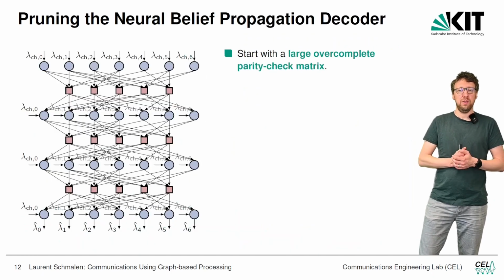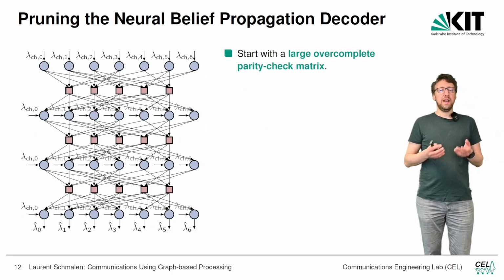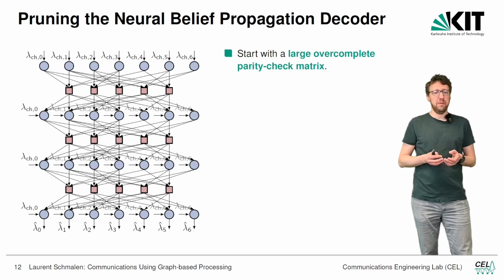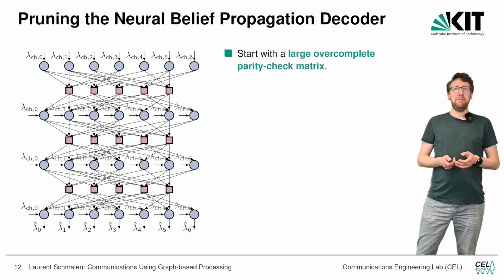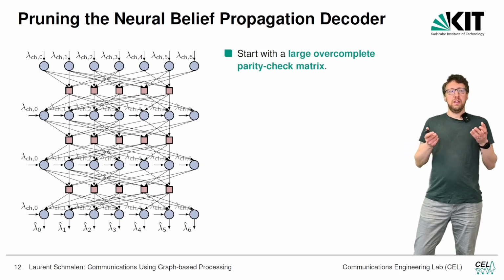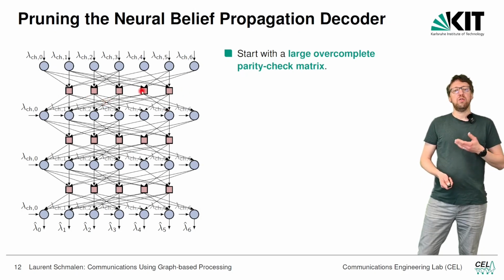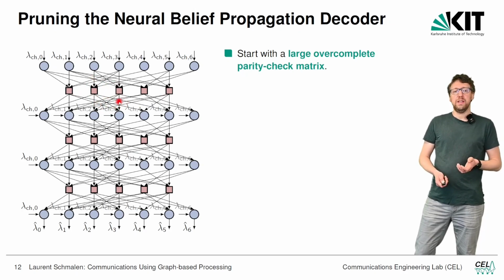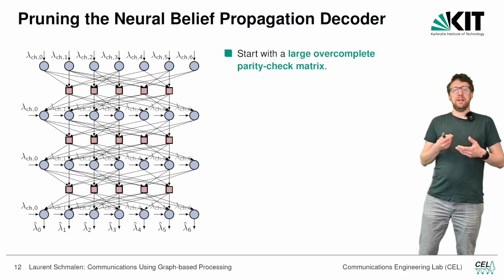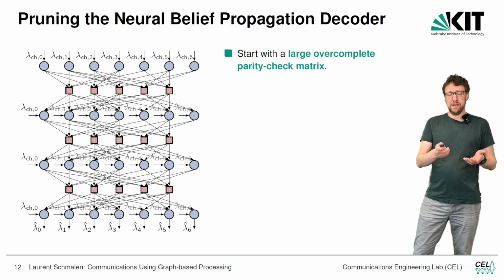So let's take a look at how this works. What we do is we start with an overcomplete parity check matrix. Overcomplete means we have actually more expressions than we need to represent the code. If you look at these square nodes, they represent the so-called parity check equations of the code. Each square node is a parity check equation, and what we do now is we introduce linearly dependent parity check equations. They are not needed to represent the code, but they give us some additional expressiveness.